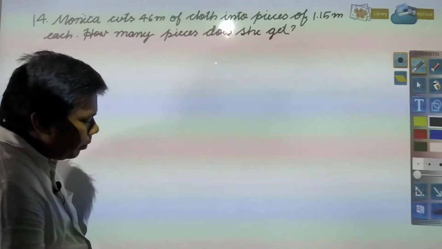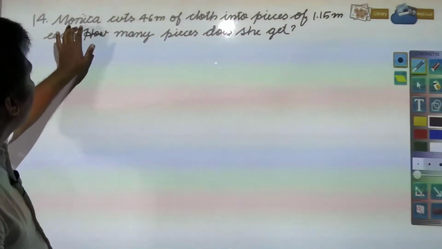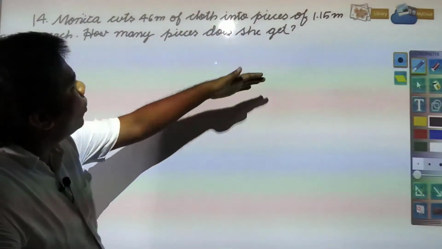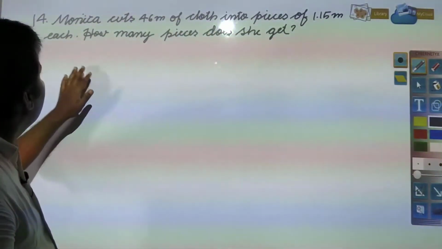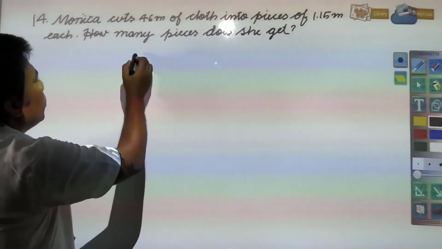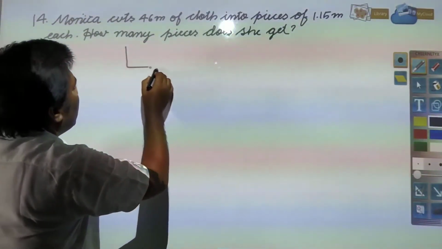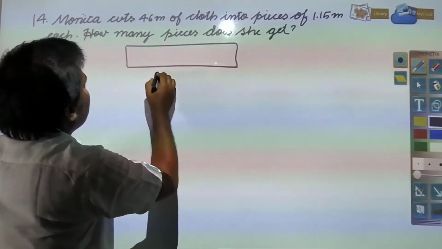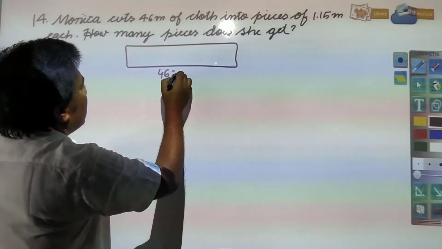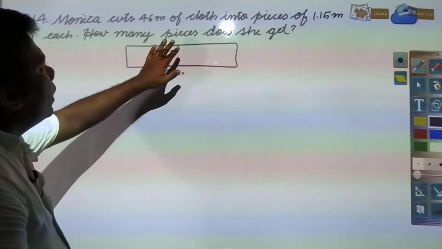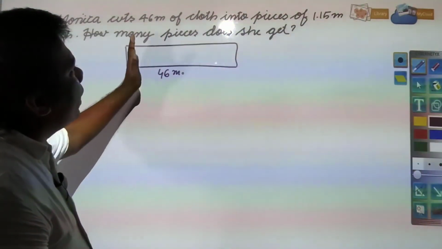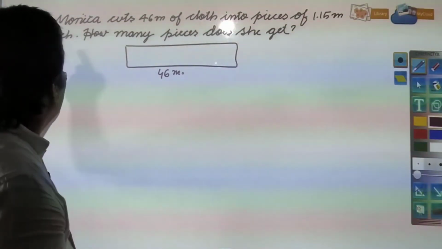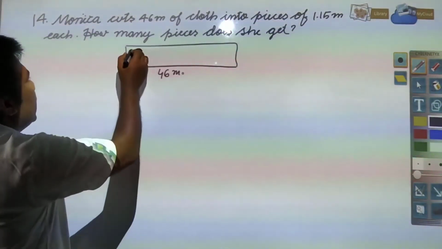Next question you see. Monica cuts 46 meters of cloth into pieces of 1.15 meter each. Suppose your cloth is 46 meters and it is being cut into pieces of 1.15 meter each.